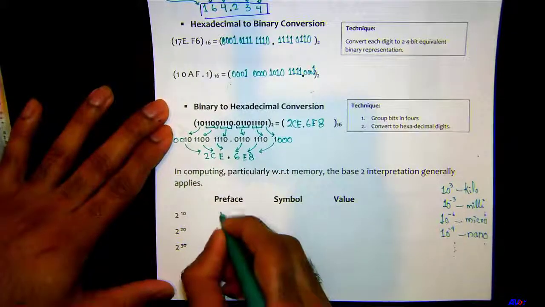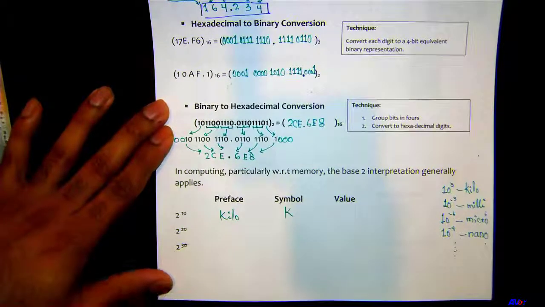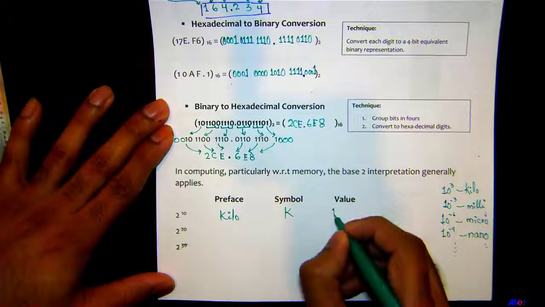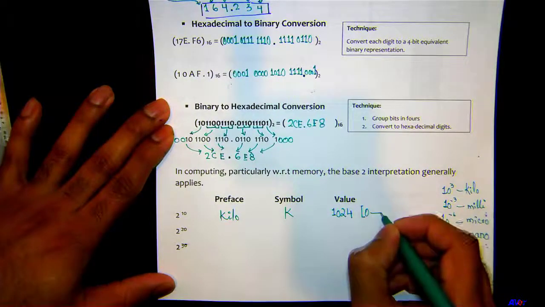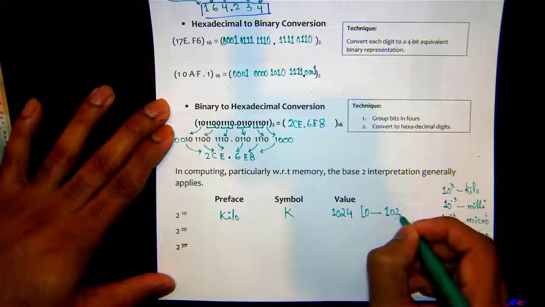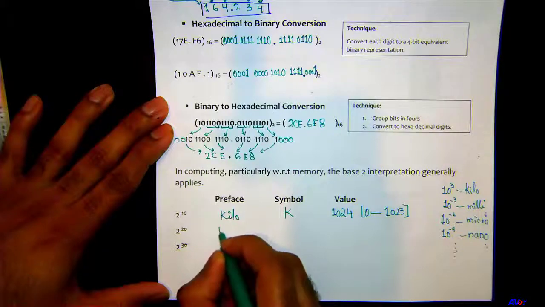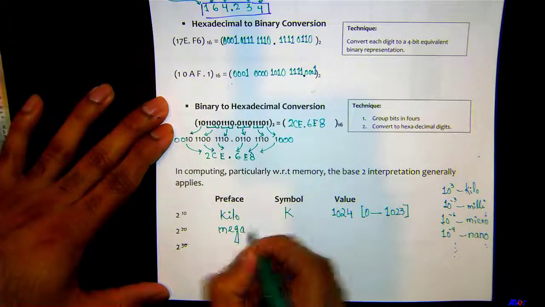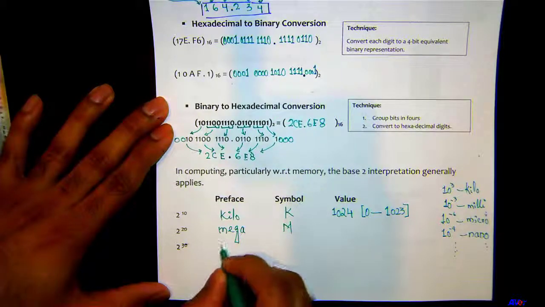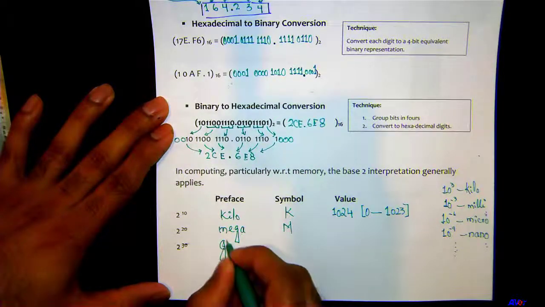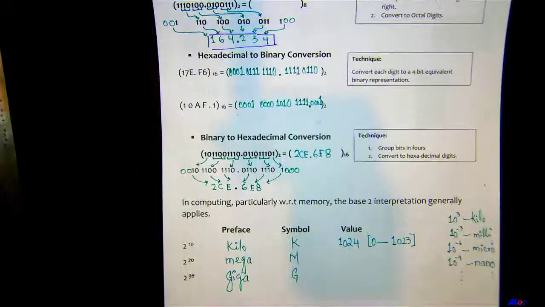So this is going to be your kilo right here, to the power 10, which has a value of 1024. So the range will be from 0 to 1023, correct? This is going to be the mega, and this is M, and this is going to be the giga. Oh, this is going to be a huge number.